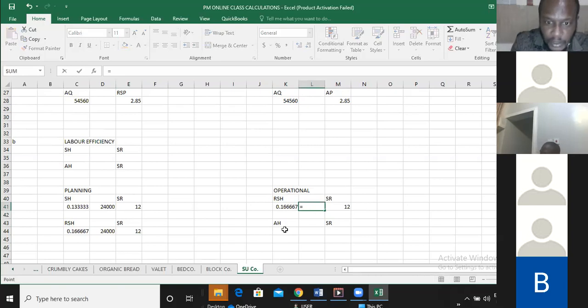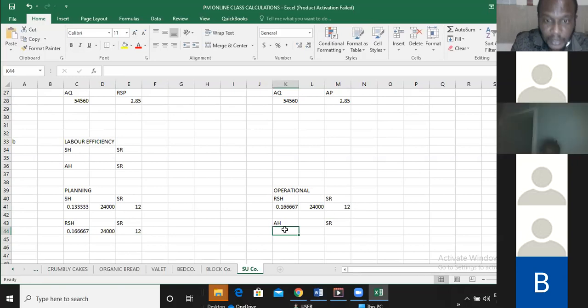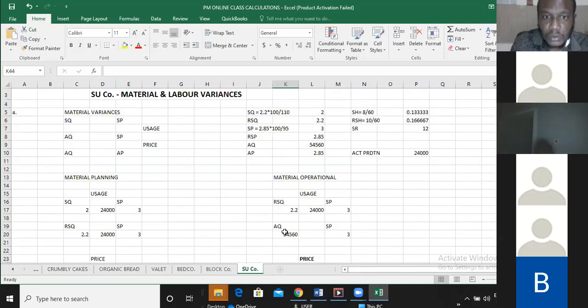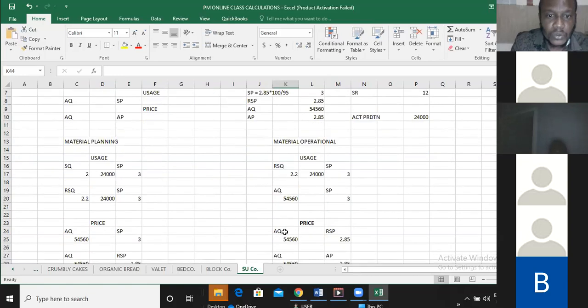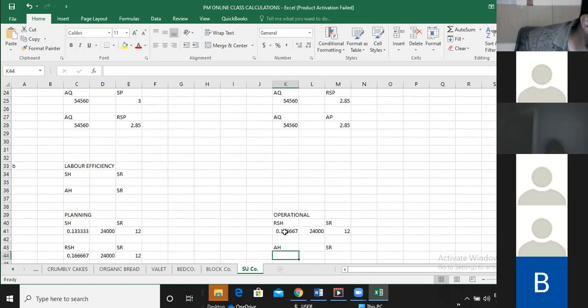And then my actual hours now. So we have to go, that's why they gave us that figure. So they said the actual hour was what? 160 hours per month. Each of whom works 160 hours, 160 hours per month.